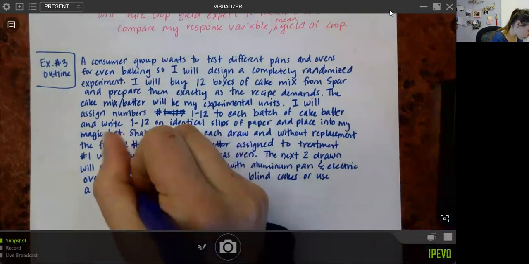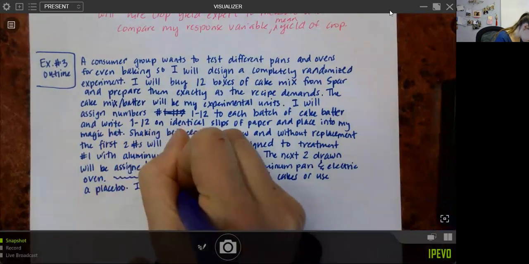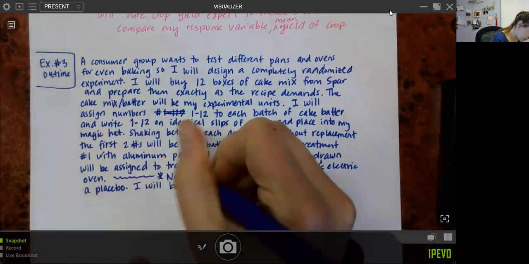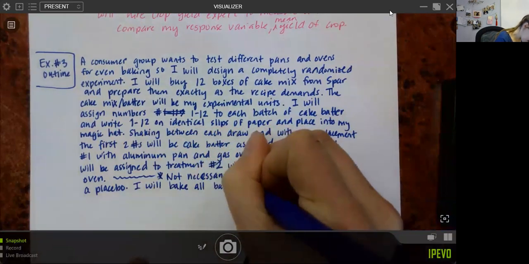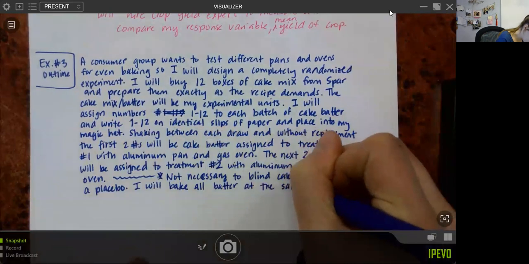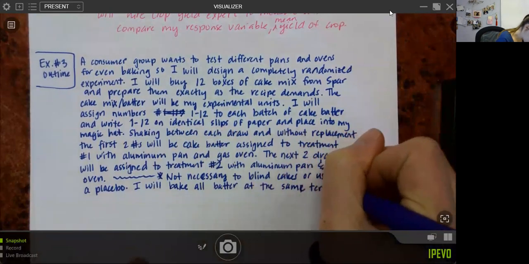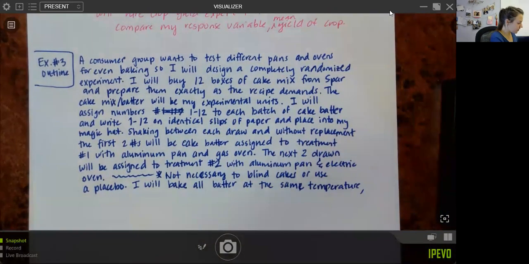Now let's talk about controls. I will bake all batter at the same temperature for the same length of time.